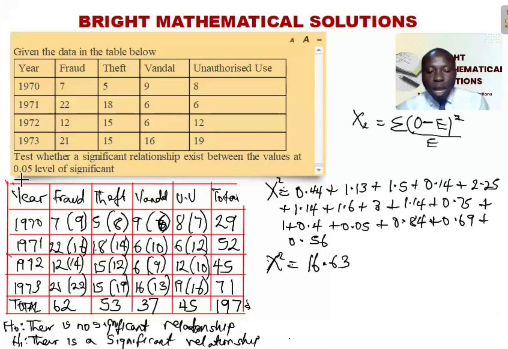So when I look at the table, I got 16.9 as the x squared tabulated. So the one that we calculated is 16.63, and the tabulated that we got is 16.9.